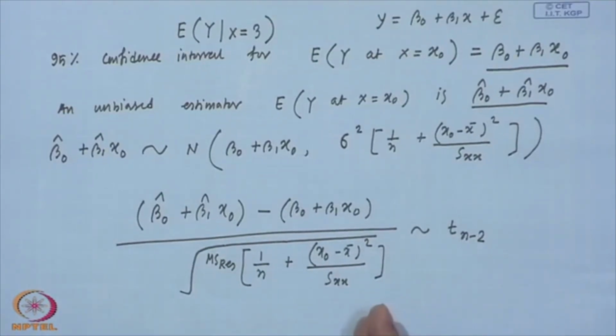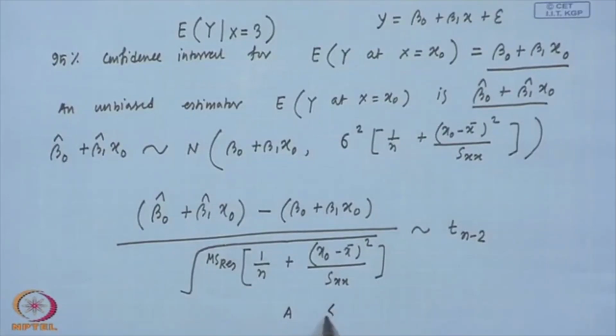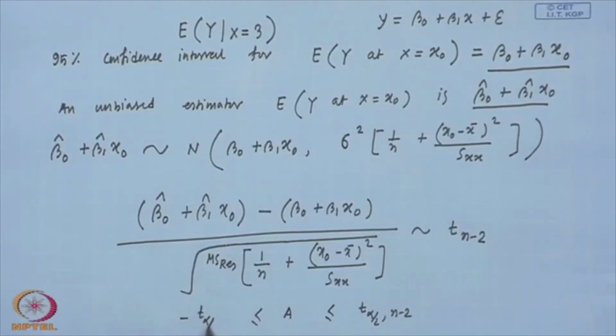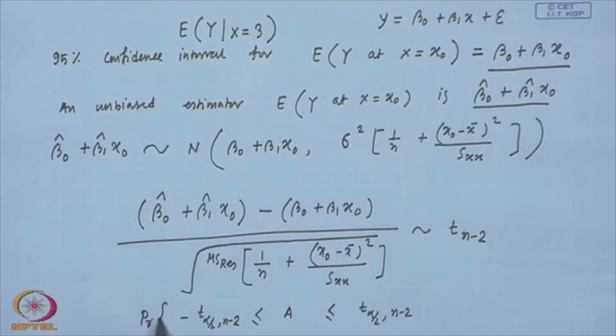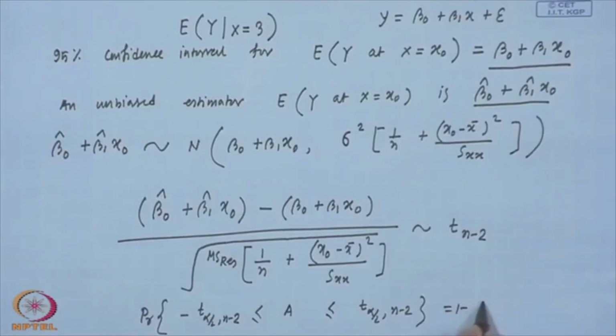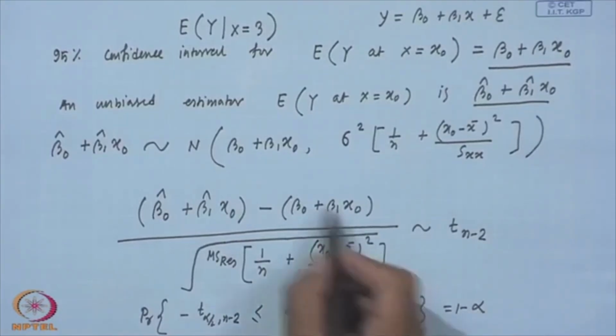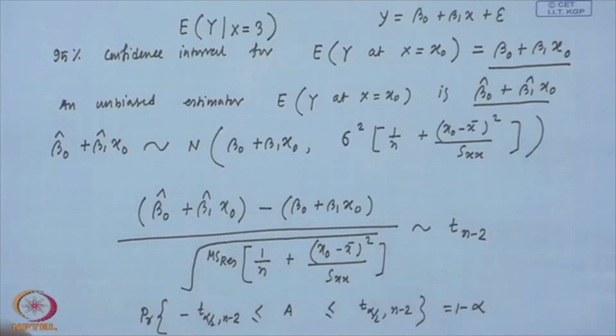And from here, of course, you know it. So, the whole thing, let me call it A. So, A less than or equal to t alpha by 2, n minus 2, and greater than minus t alpha by 2, n minus 2, this has probability 1 minus alpha, where A is nothing but this variable.